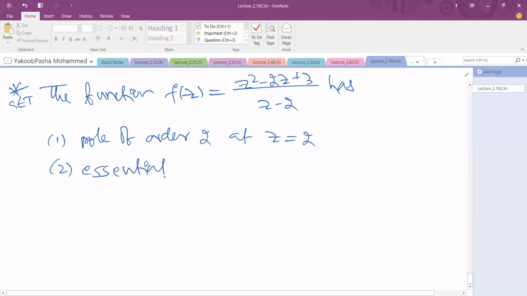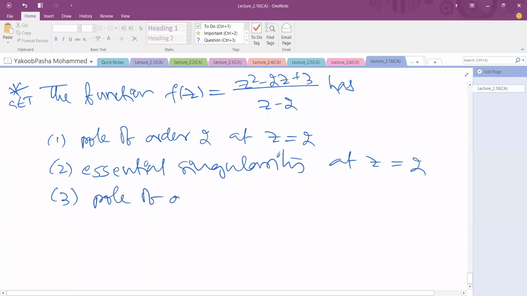Essential singularity at z is equal to 2. And third option, pole of order 1 at z is equal to 2.